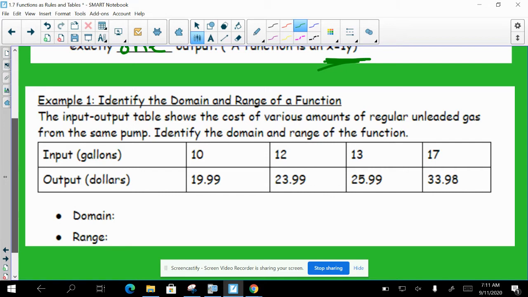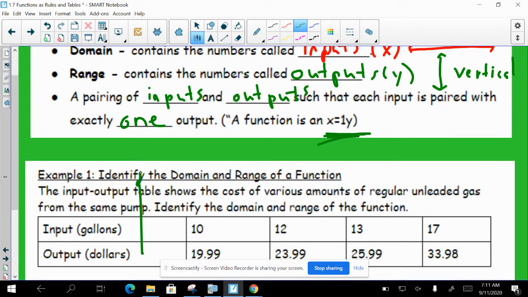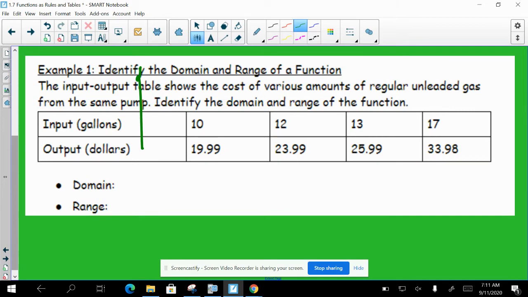So the output is also what we call, sorry about that, we also call the output the dependent variable. And the input we call the independent variable. Because the number of dollars you spend depends on the amount of gallons you buy.